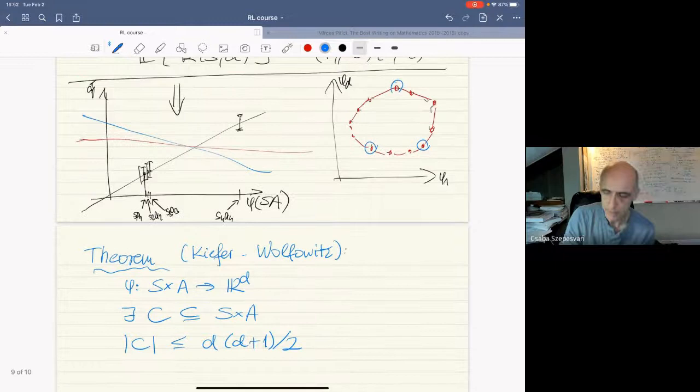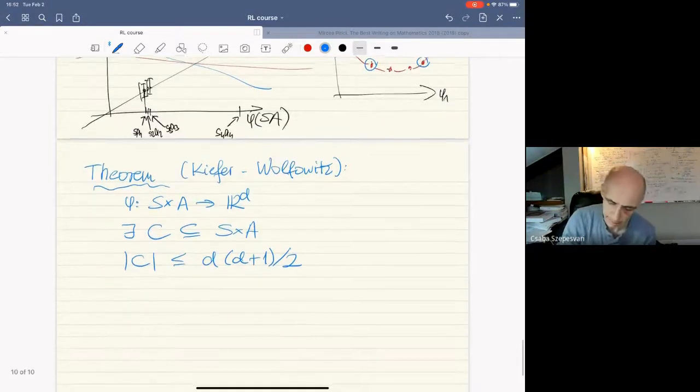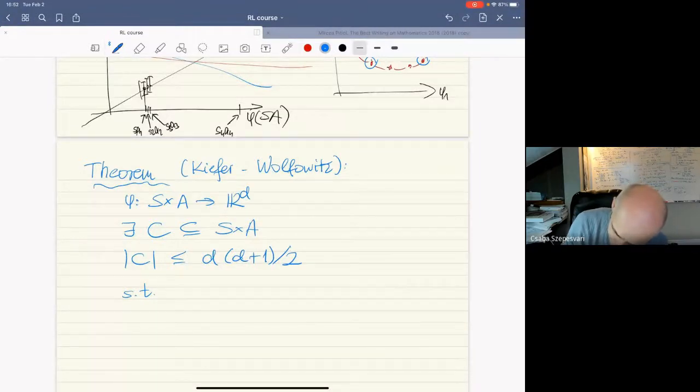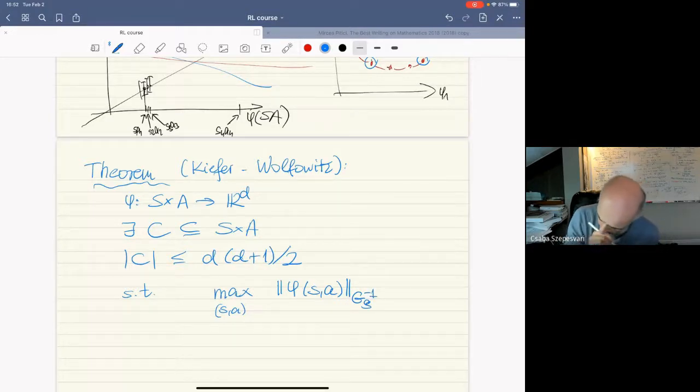So this is how many corners you're going to need, like how many blue points you're going to need, such that the following holds: if you take the max over all state action pairs of the feature value in a weighted norm, then this is going to be smaller than or equal to square root of d.